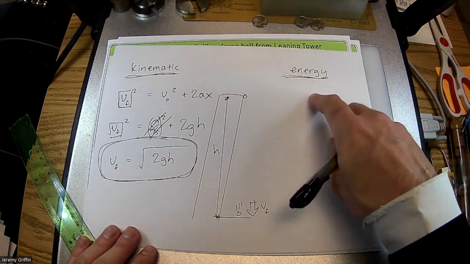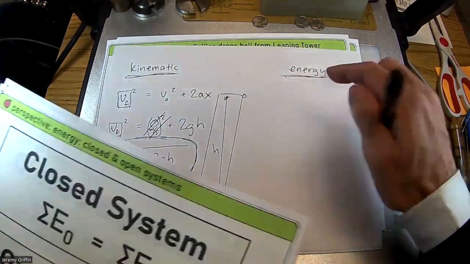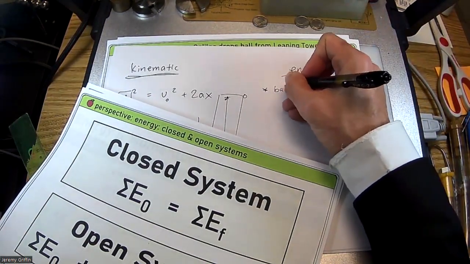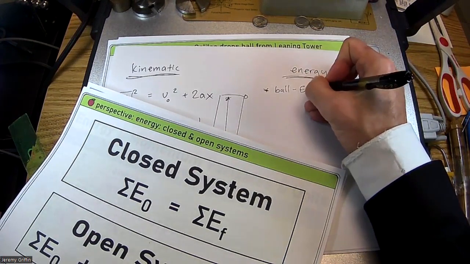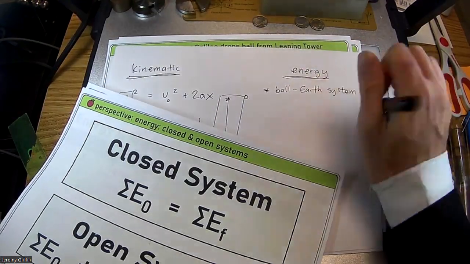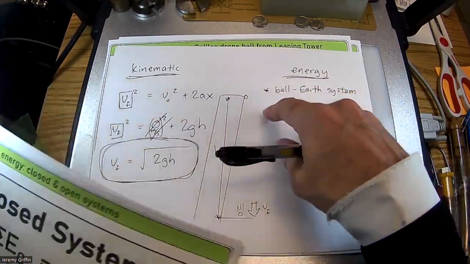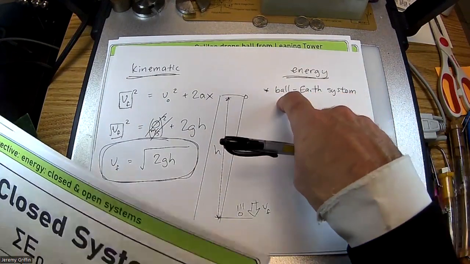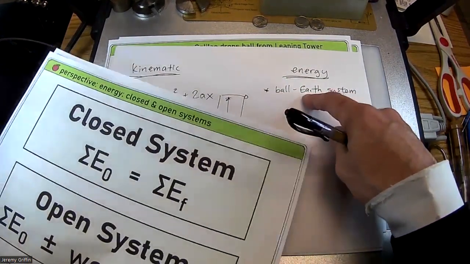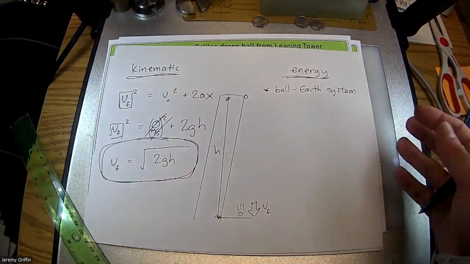Now let's do a new approach: conservation of energy. I need to define the system. I'm going to define the system as the ball-Earth system. AP makes a big deal about identifying what's in a closed system, if it is a closed system. The ball is obviously changing speed, so I need to focus on that. But the force that's causing it to do that is the gravitational pull of the Earth. If I don't include the Earth, then that force would be external and it would be an open system.